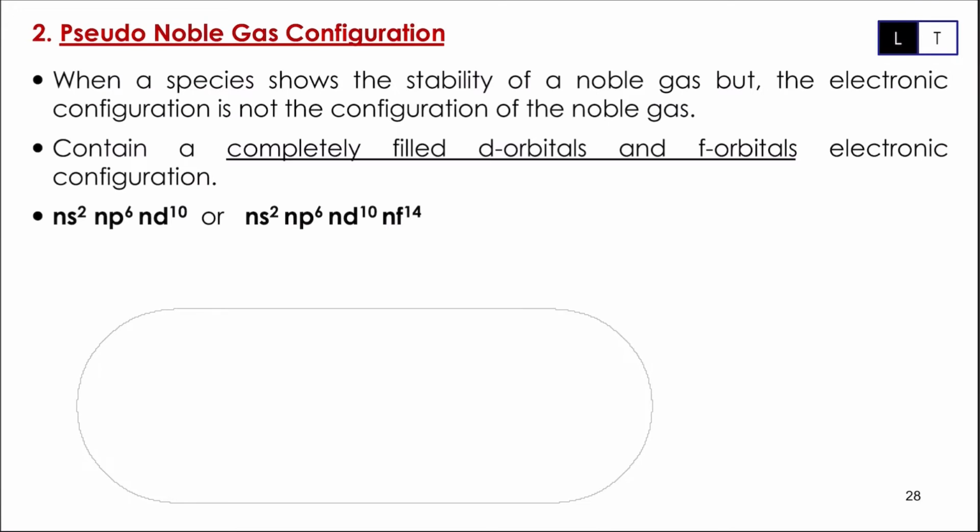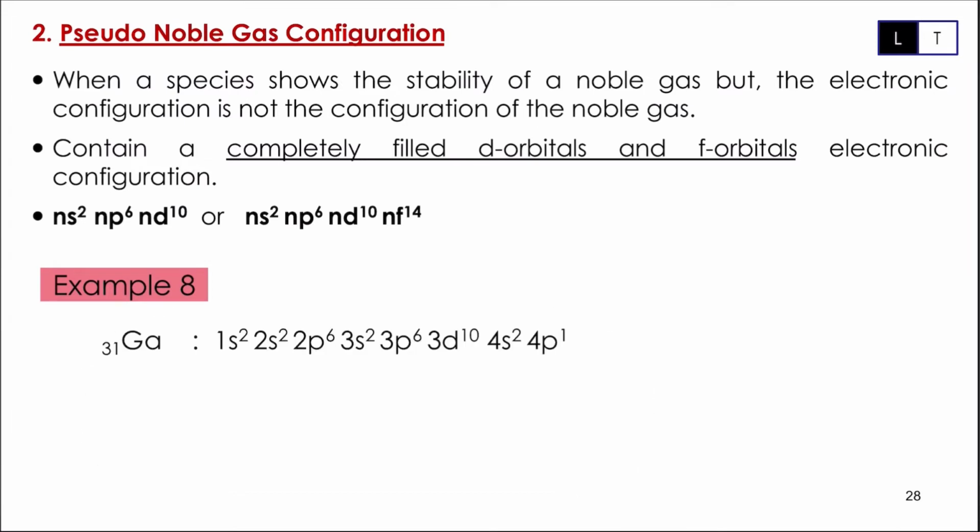That is why I will use one example, gallium. Gallium has 31 electrons. So you will have this electronic configuration for gallium, and the electrons will be filled until 4p. Now, if I want to determine the most stable ion for gallium, I am going to determine the highest n value, which is n equals 4.